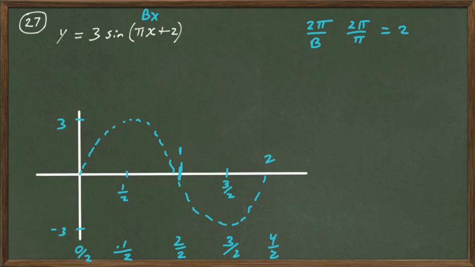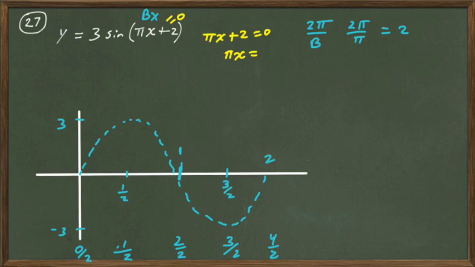Now, what makes this 0 on the inside? If I take the part inside the parentheses, pi x plus 2, and make it equal 0, subtract 2 and divide by pi. Hang on one second. Yeah, divide by pi.